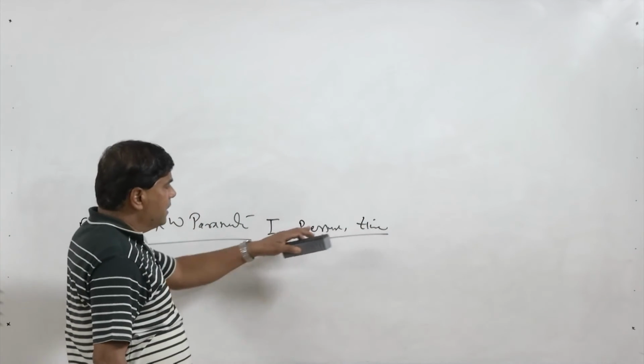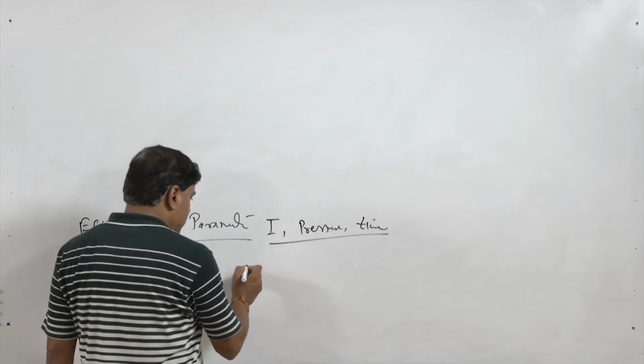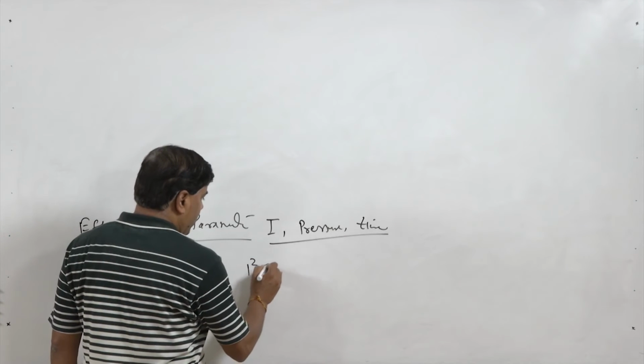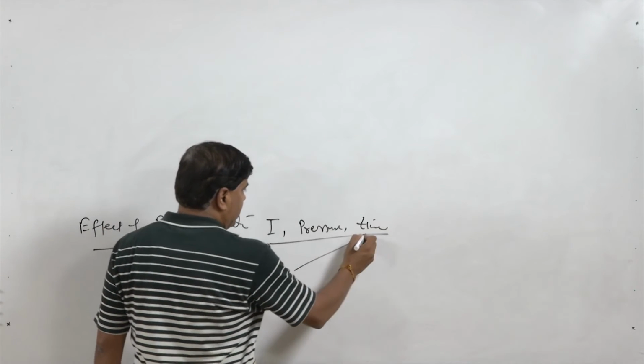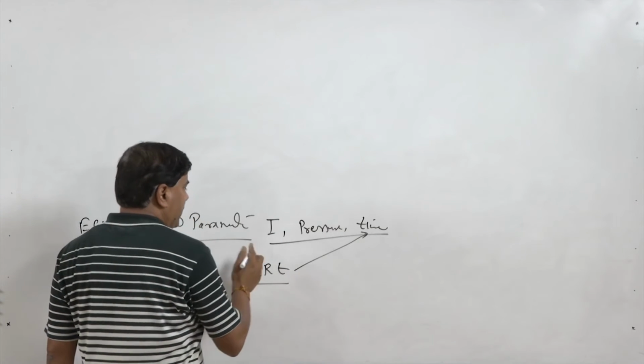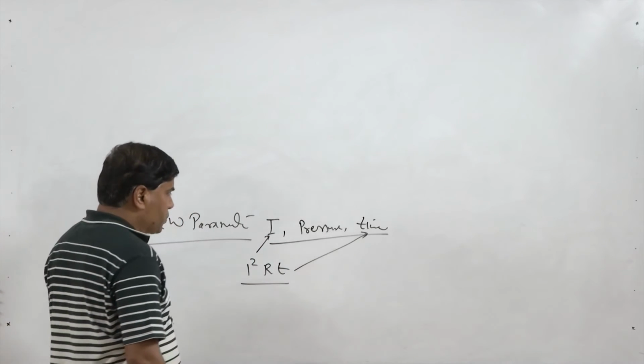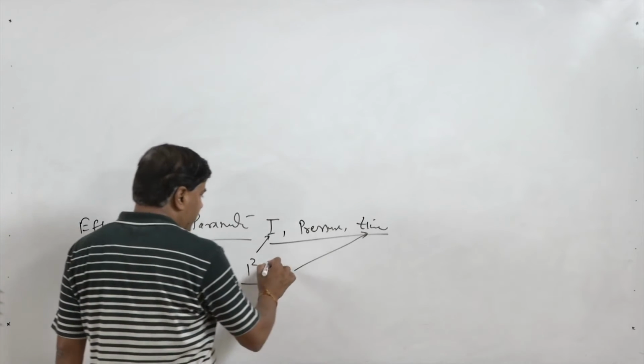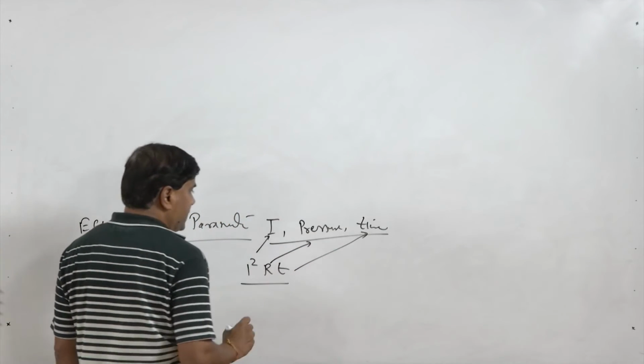All these factors in fact govern the heat in one way, like I squared R T. The heat generated is directly proportional to time and to the square of the current being supplied, and pressure in fact affects the contact resistance.